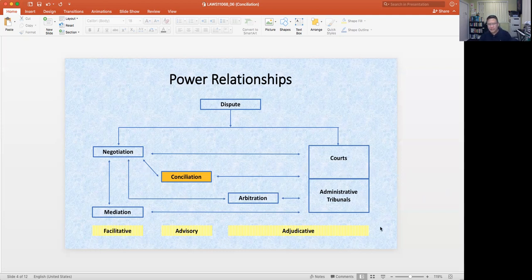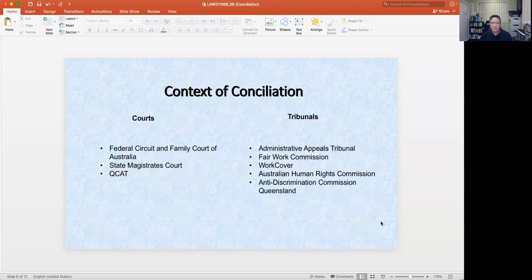Now, let me just talk briefly about administrative tribunals. Let me just talk briefly about the context of conciliation, because I wanted to talk about tribunals. For simplicity, I've demarcated these two areas as part of the courts and part of the tribunals. At the level of the federal system, based on the Boilermaker's case in constitutional law, it wouldn't be permissible for a court to have non-judicial functions.